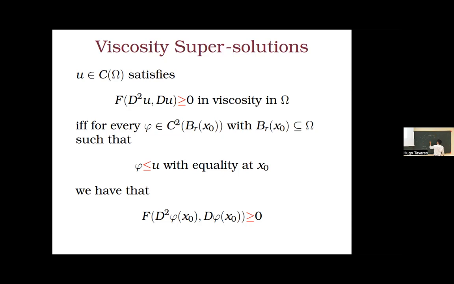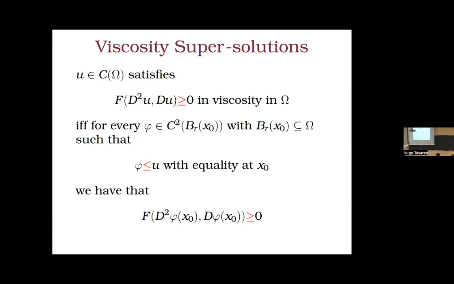And if F is monotone, then the operators evaluated at that particular point are going to be ordered. So this allows you to extend the notion of what is a solution of an inequality like this using functions that not necessarily have second derivative, not even first derivative.